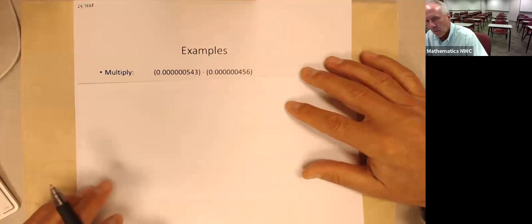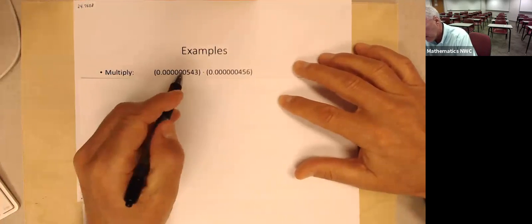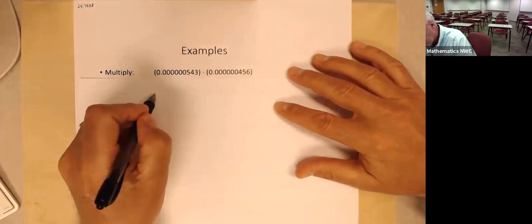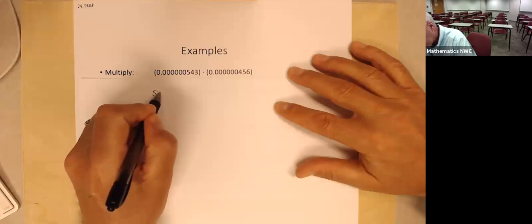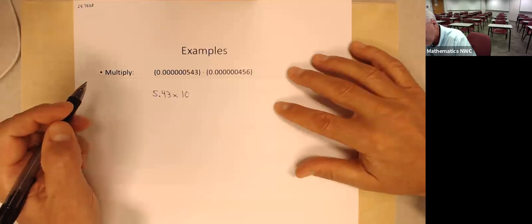But as I mentioned, you can also use it with multiplication. So for example, I could take this number right here and write it in scientific notation. That would be 5.43 times 10 to some power.